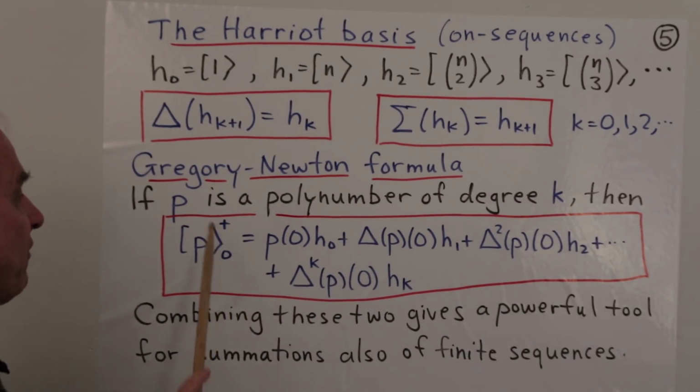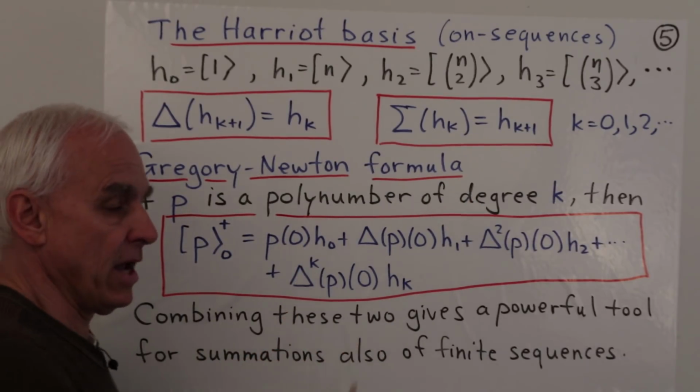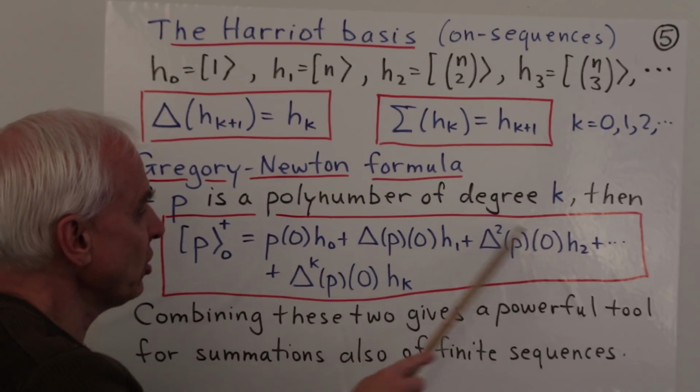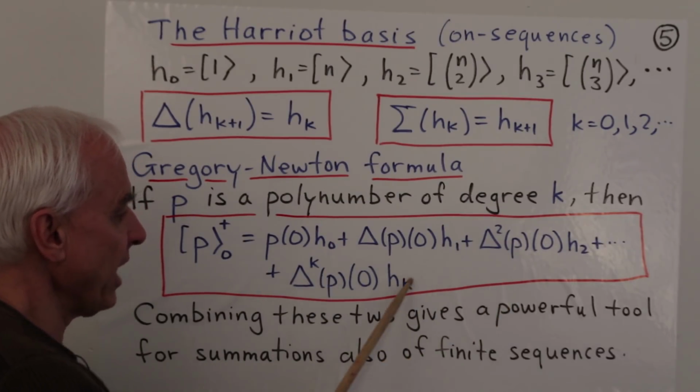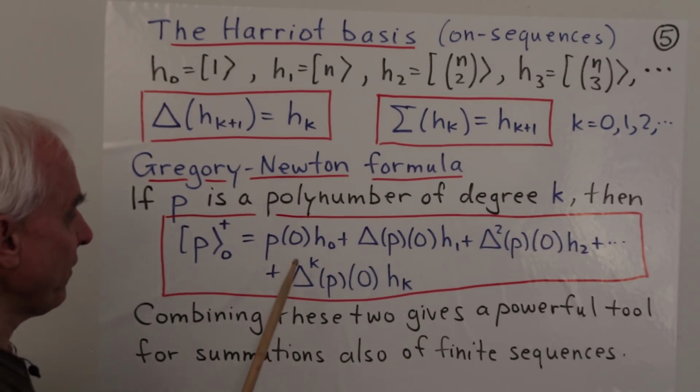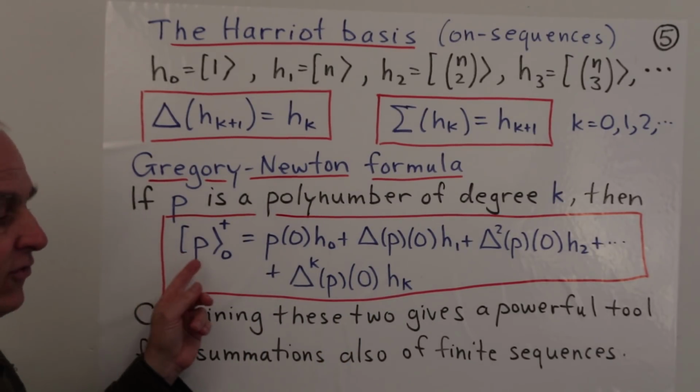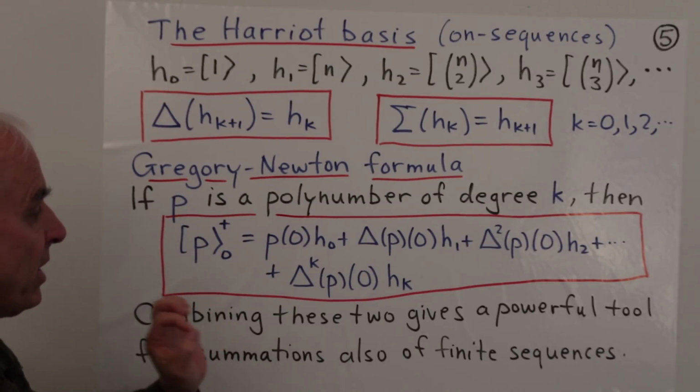And the formula is that if p is a polynomial of degree k, then the associated sequence, p(0), p(1), and so on, can be expressed as a linear combination of h0, h1, h2 up to hk. And the coefficients are just the various differences of p evaluated at 0.